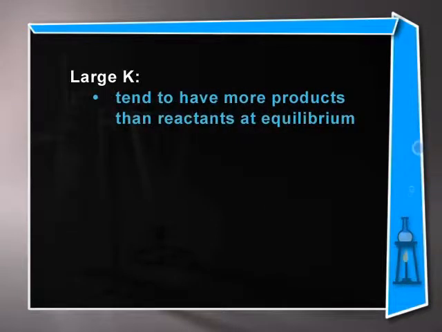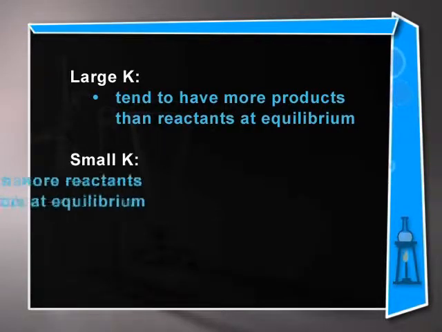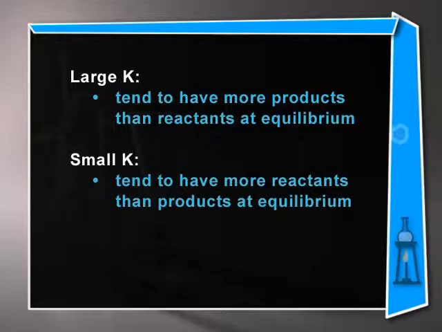So how might we possibly look at this? Well, I think it's reasonable to say the following. A large value for K says that you will tend to have more products than reactants at equilibrium. And a small value for K says that you will tend to have more reactants than products at equilibrium.